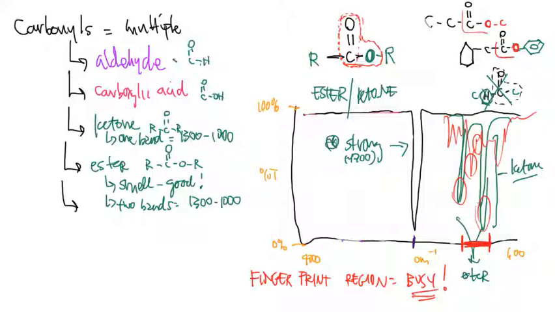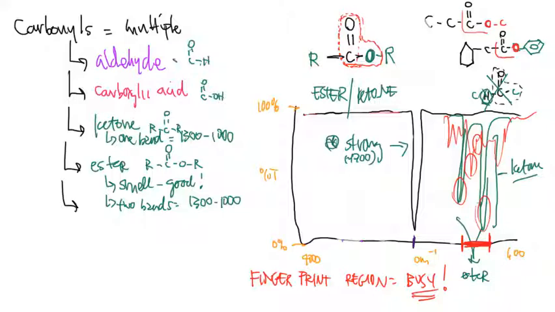So, the train of thought here. Look at your 1700 peak. If it's present, go down the line. Number one, is it an aldehyde? Do I see bunny ears that happen over here to the left-hand side? If not, is it a carboxylic acid? Do I see a big dip that comes down and then back up? If not, then chances are it's a ketone or an ester.